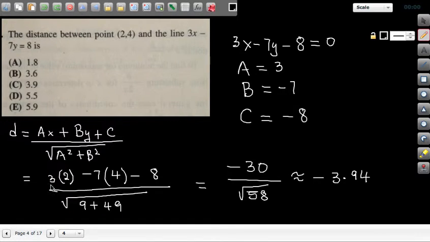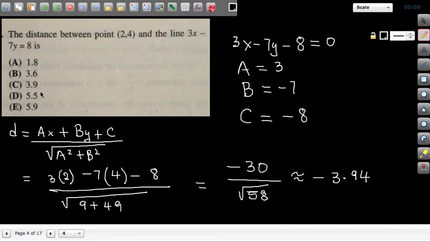So it is 3 times the x value of the point minus 7 times the y value of the point minus the c value, which is 8, divided by the square root of a squared, which is 9, plus b squared, which is 49. If you plug this in your calculator, you would get 6 minus 28 minus 8 is negative 30, divided by square root of 58.